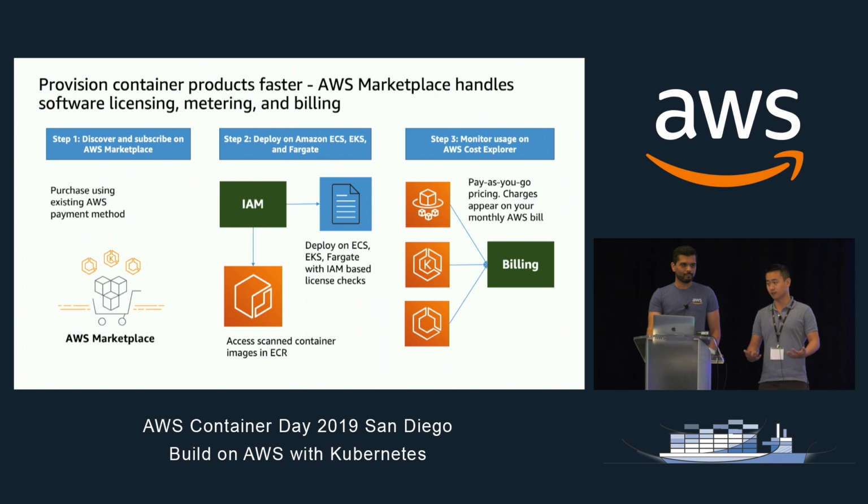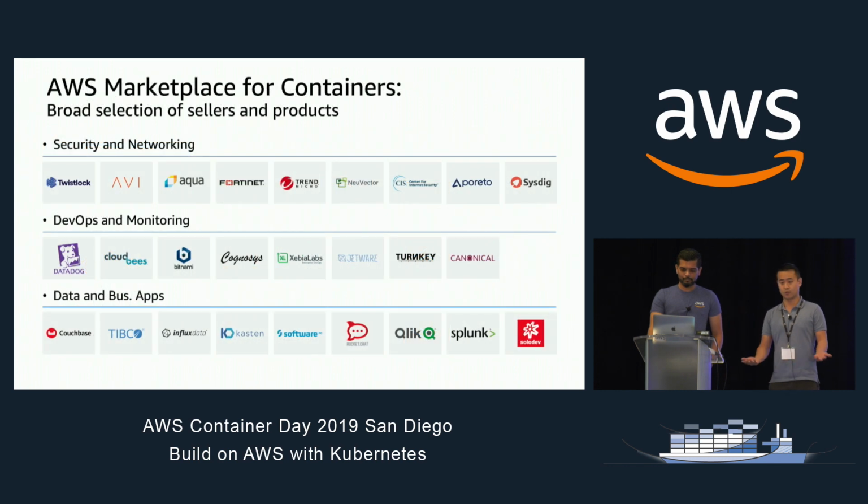And then you're billed based on what you use. It could be based on number of EKS pods or ECS tasks or some unit that the vendor has defined. You get all of those charges metered and aggregated onto your AWS bill, and you pay monthly using your current payment terms.